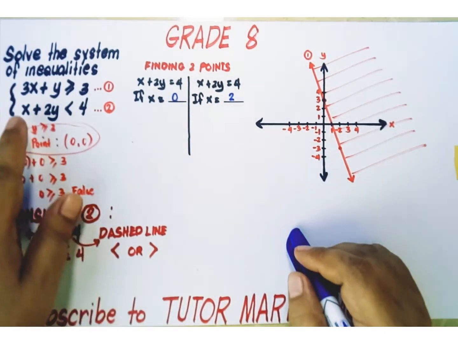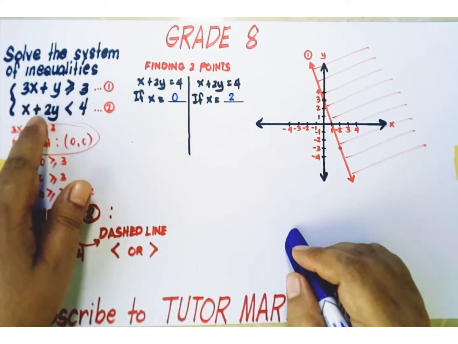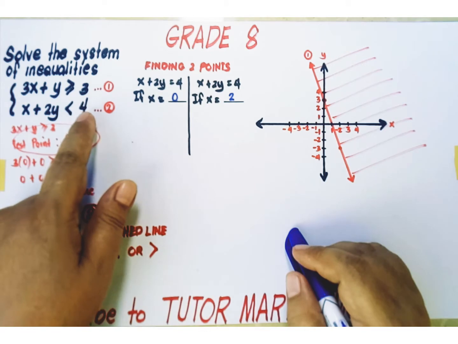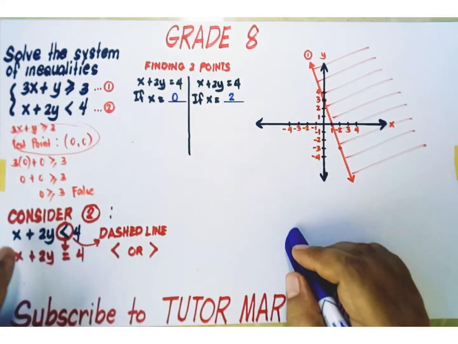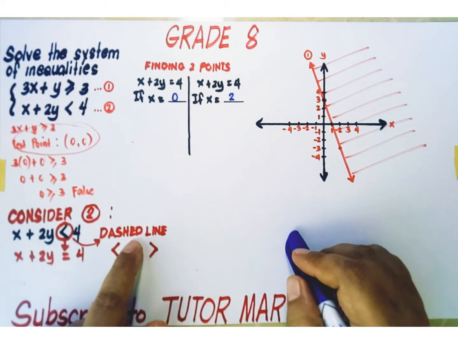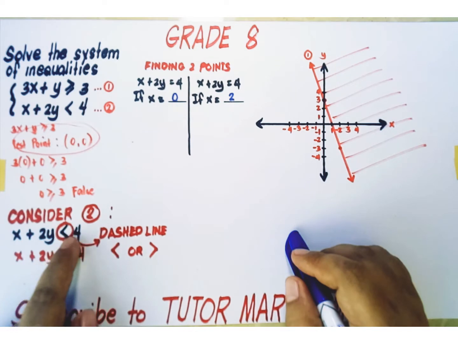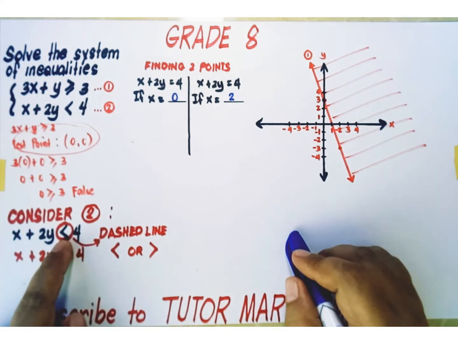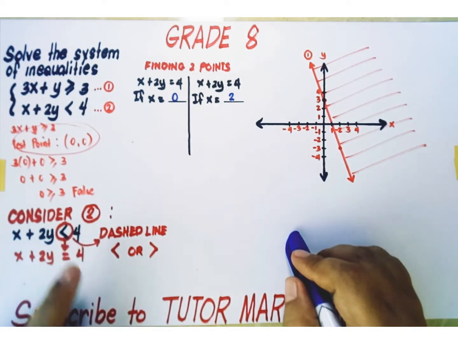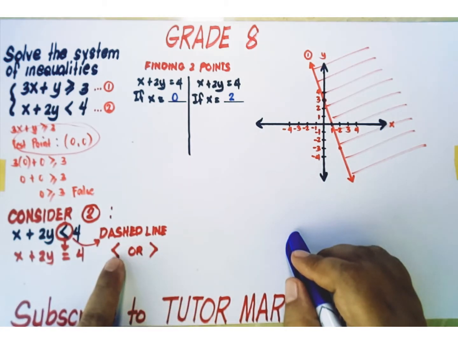Let's now consider the second inequality in the system. We have x plus 2y is less than 4. For the second inequality, we should use a dashed boundary line. Why? Because the inequality symbol used is less than. Remember that the boundary line is a dashed line if the given inequality symbol is less than or greater than.